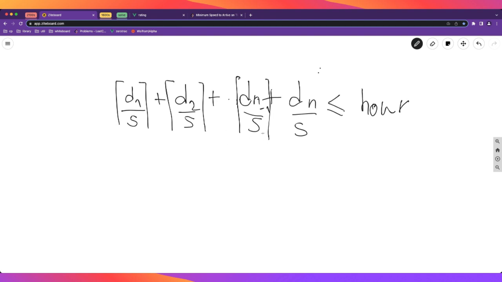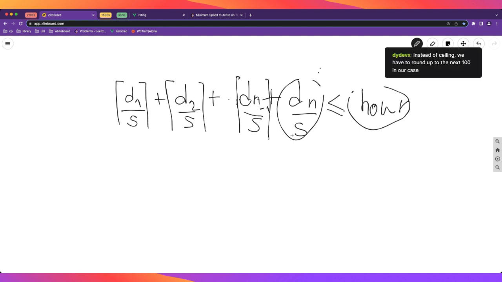Okay, so we can compute all these numbers. All these numbers are integers, but here this is not an integer and this is not an integer. One thing that you can do when you don't have integers is, instead of dividing, multiply, when you have an inequality.